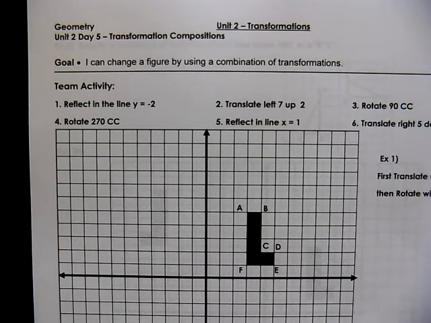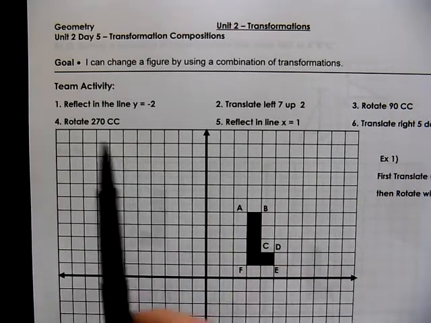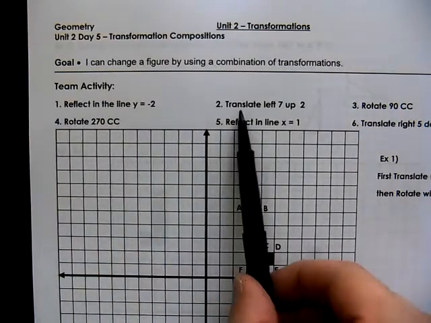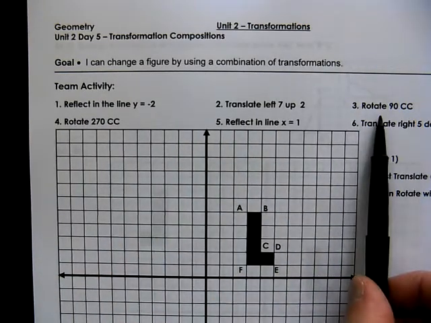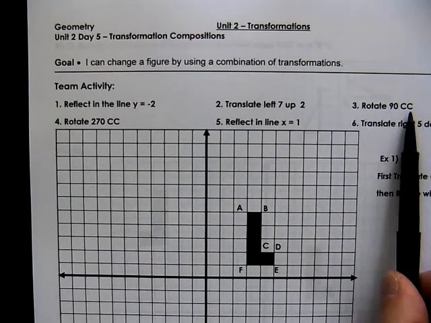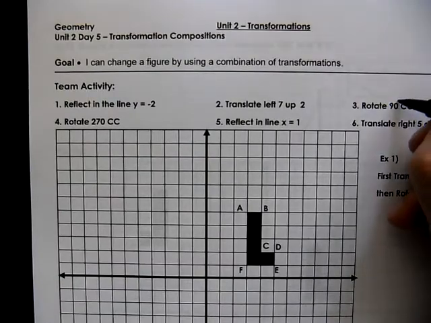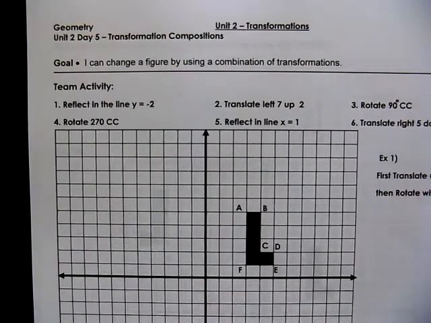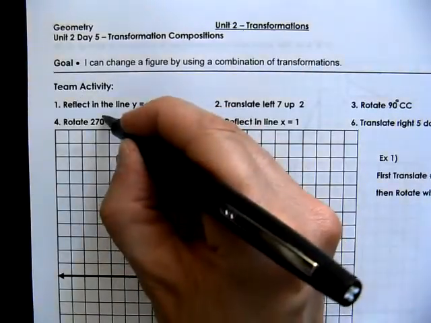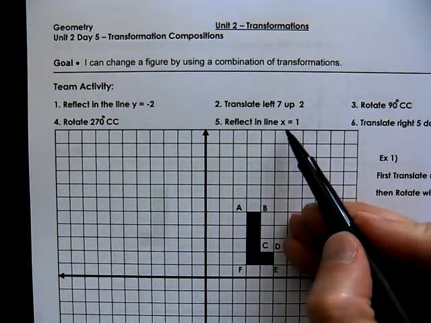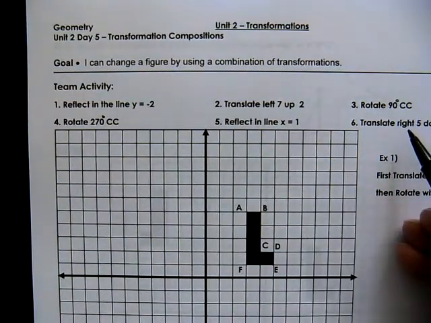We have here a menu of options. You can see here we have a reflection, here we have a translation, here's a rotation. That CC again means counterclockwise. We always rotate counterclockwise, so you're really just talking about the fact that it's a 90-degree rotation. Here's a 270-degree rotation. Here's a reflection in the line. Here's a translation.